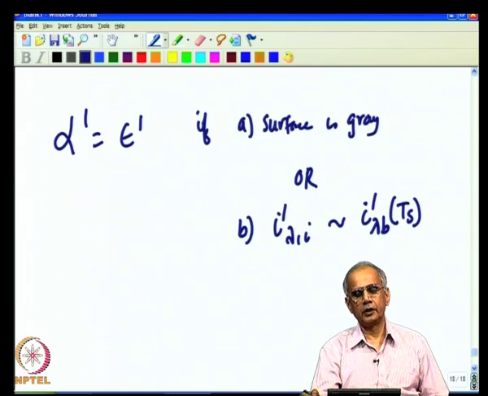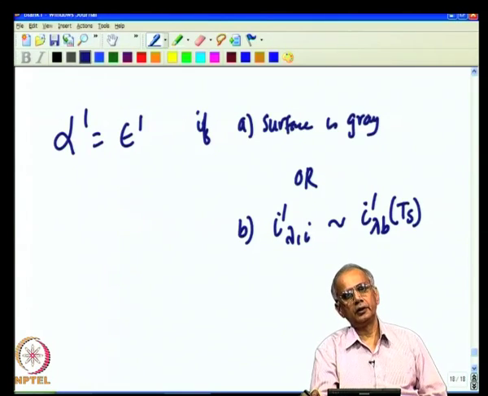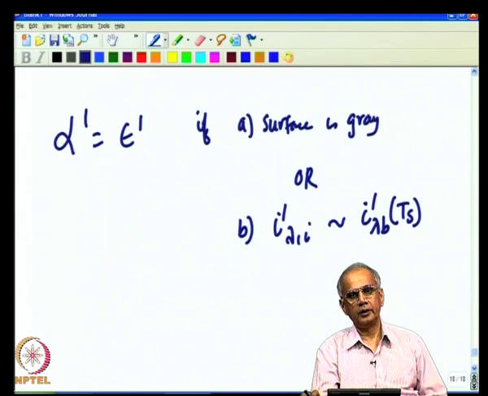Most surfaces that we encounter have strong wavelength dependence of absorptivity or emissivity, and hence an assumption of a gray surface is not very accurate. Secondly, it is a rare occasion when the radiation coming on an object happens to have a wavelength dependence which follows that of the blackbody at the surface temperature.